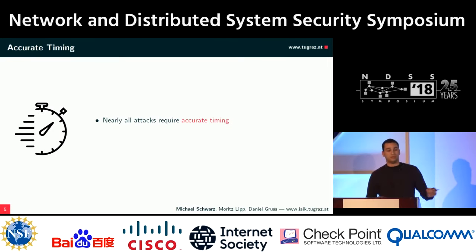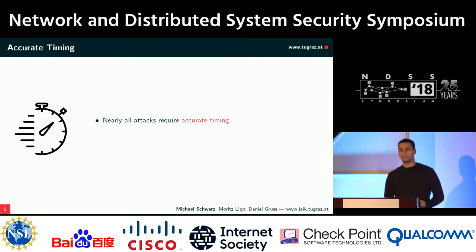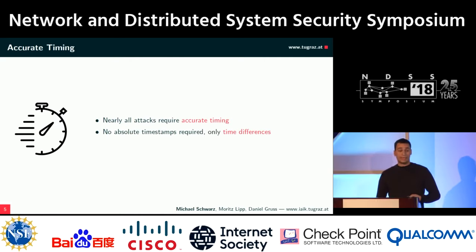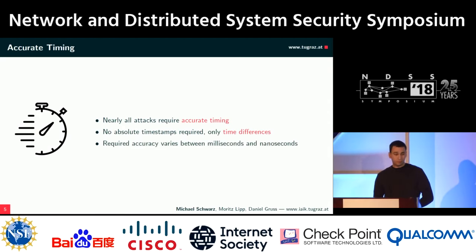For this, for example, we also need accurate timers, because we have to distinguish events with different timings. And timers are something we need for nearly all side-channel attacks and microarchitectural attacks. The good thing is, for an attacker, we don't need absolute timestamps for most attacks, but it's sufficient to measure time differences.